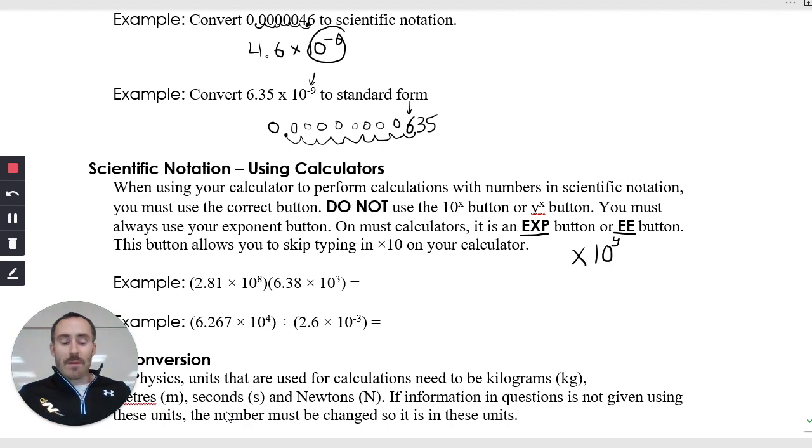And so when I'm typing in 2.81 times 10 to the power of 8, what I type into my calculator is 2.81, and then I press my EXP button, and then I press 8. 2.81 EXP 8. This EXP types in the times 10 to the power of for you, and it makes sure that this 2.81 and this times 10 to the power of 8 stay attached to each other.